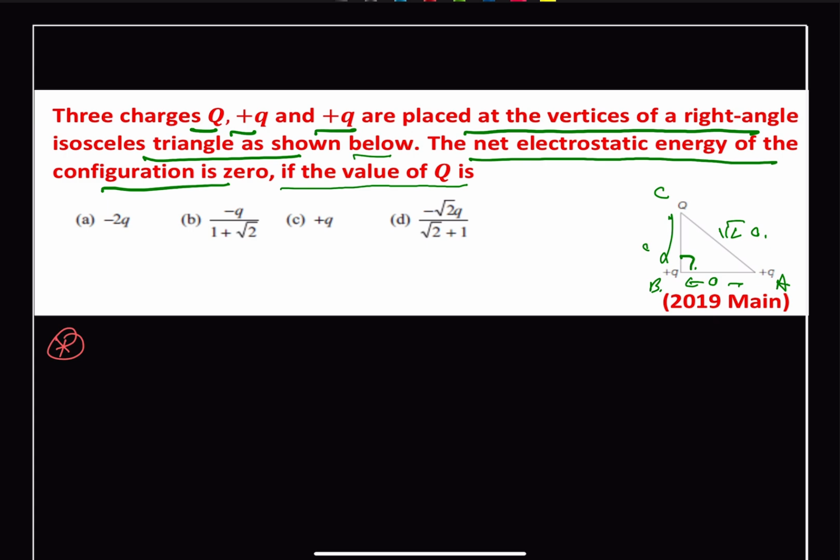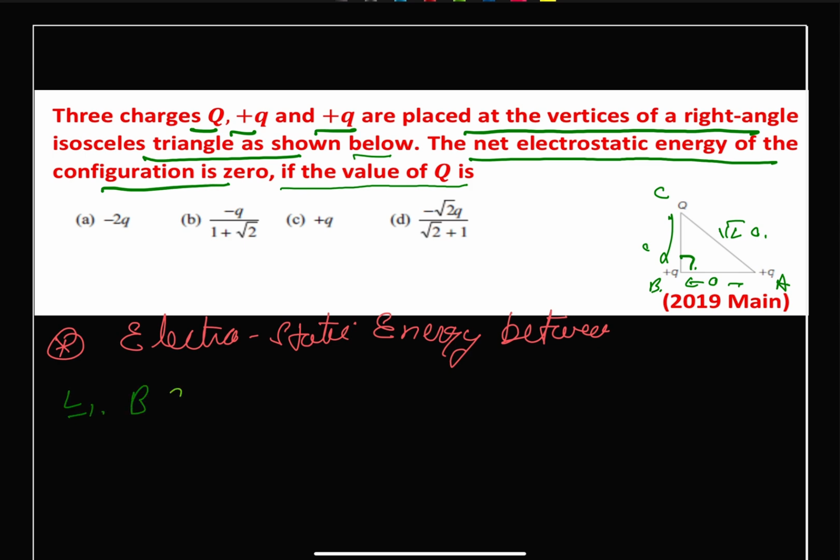So the electrostatic energy between B and A, let us call this UBA, and that will be with K. Charges are same.